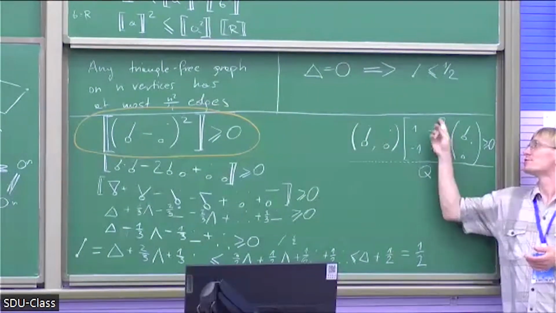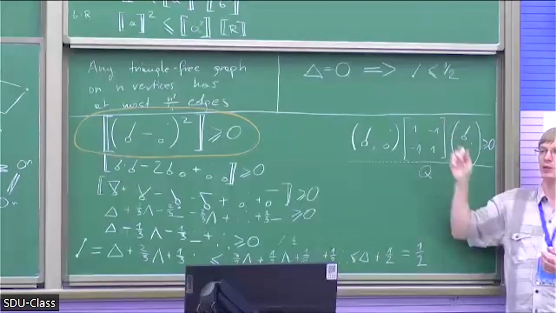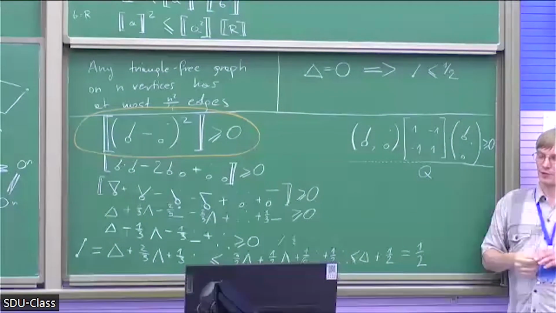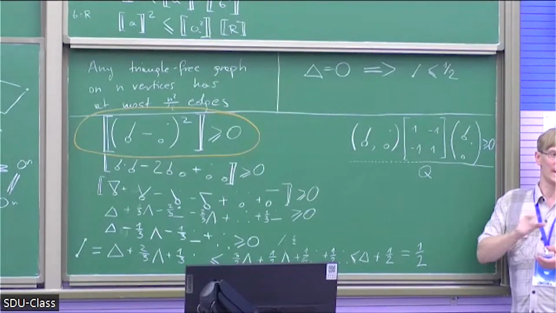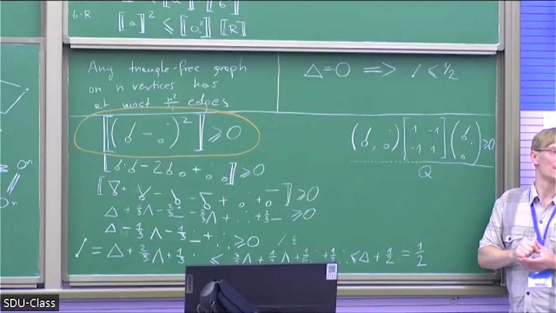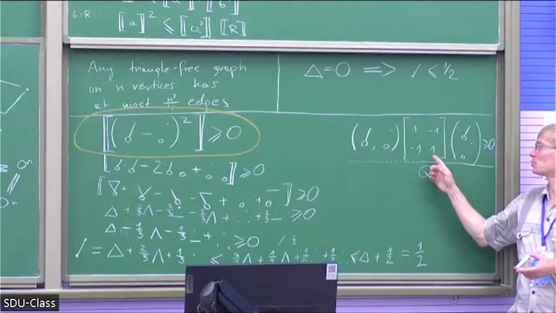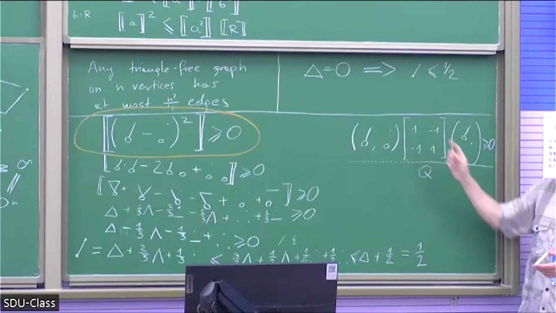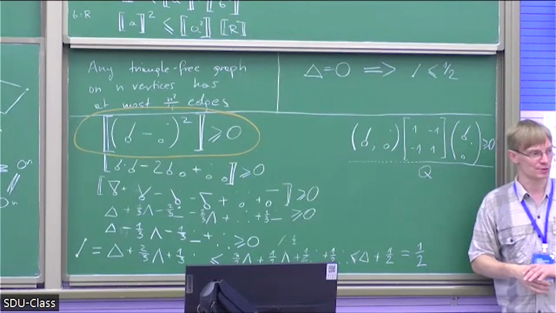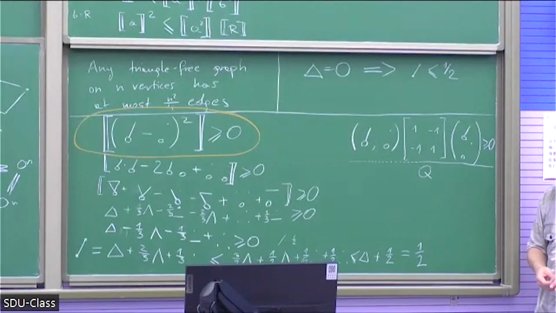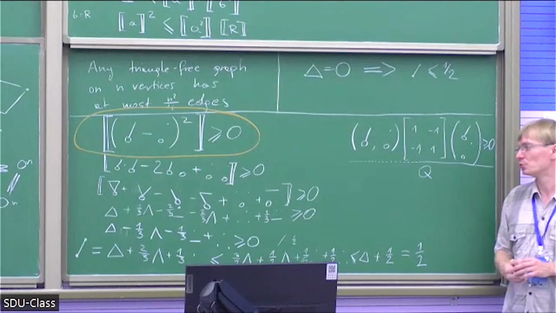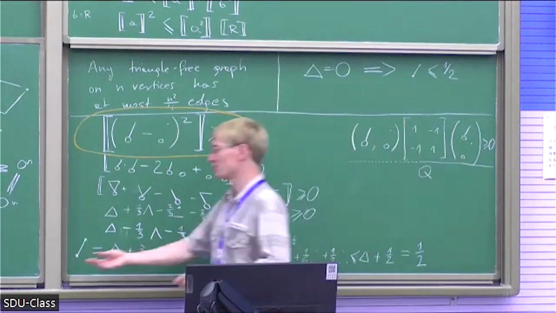Another characterization of positive semi-definite matrices is, for example, that all eigenvalues of such a matrix are non-negative. If you calculate eigenvalues here, one is positive, one is zero, so it's fine. And this is the general approach I would like to take. So let me move back here.